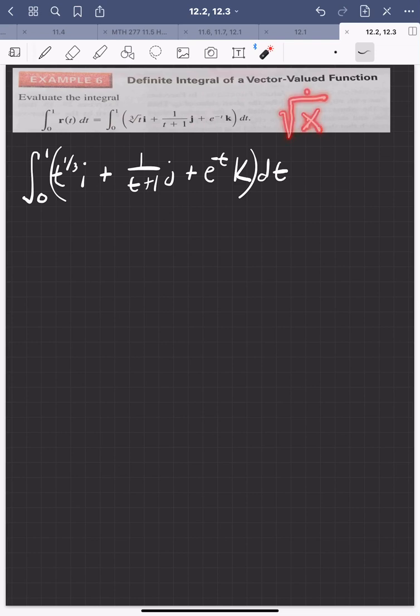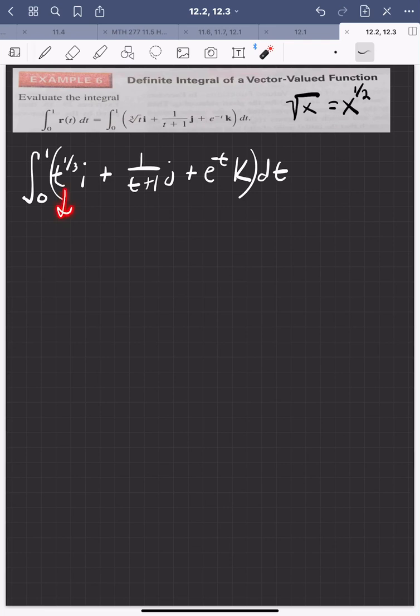Well, long story short, if no one has ever told you this, all this symbol means is that you are taking something and bringing it to the power of 1/2. This whole symbol is a way of writing a fractional exponent. That's all it is. The cube root means something to the power of a third. That's the notation for exponents that are fractions.